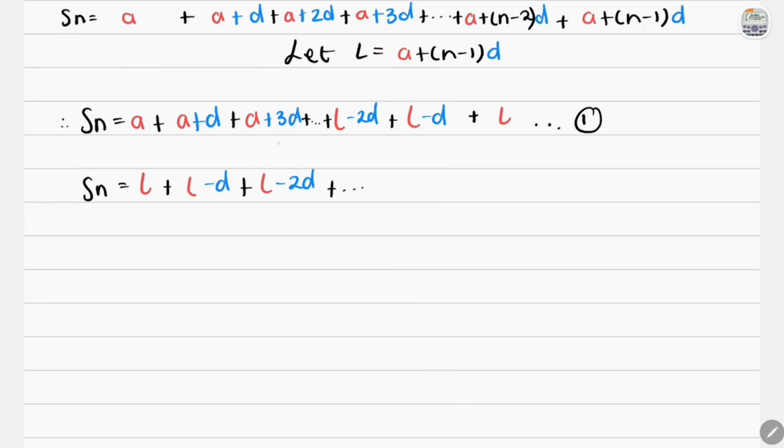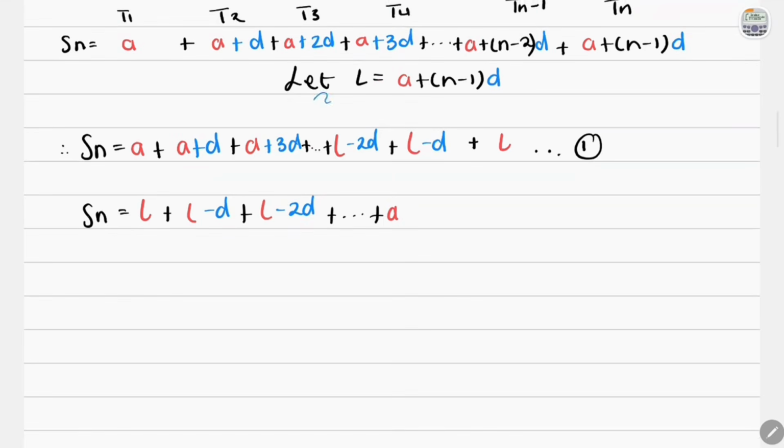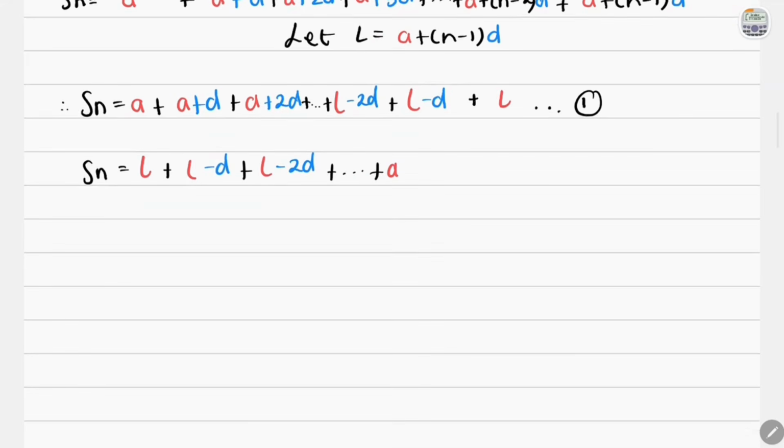And then the third term was A plus 2D. Sorry, I said 3D, I don't know why; this is 2D, that's the third term. So that's A plus 2D. And then the second term would be A plus D. So that's A plus D.